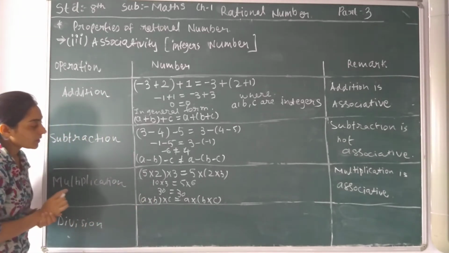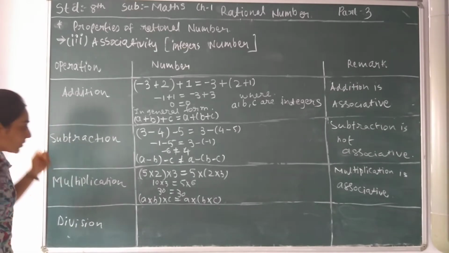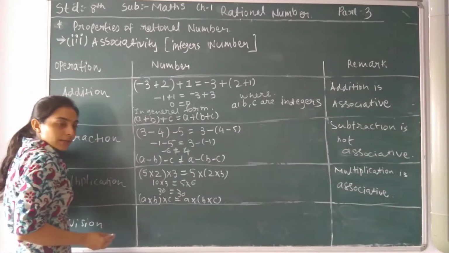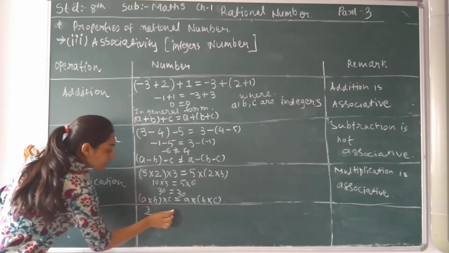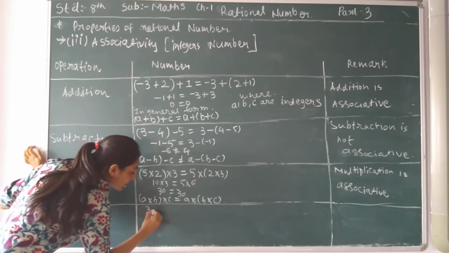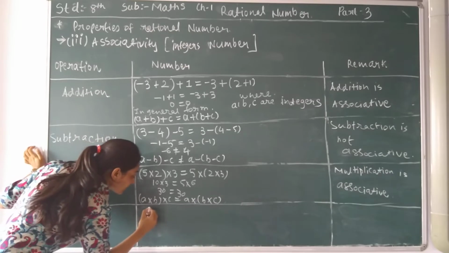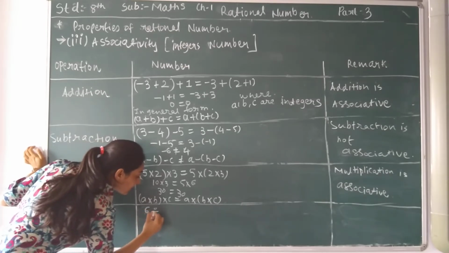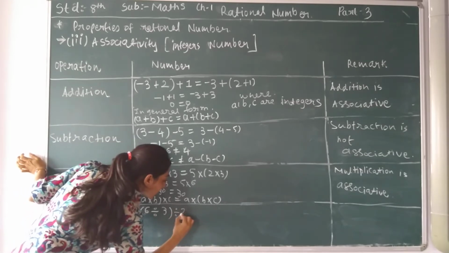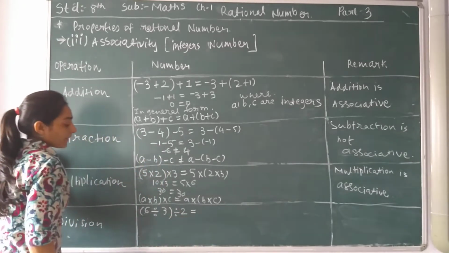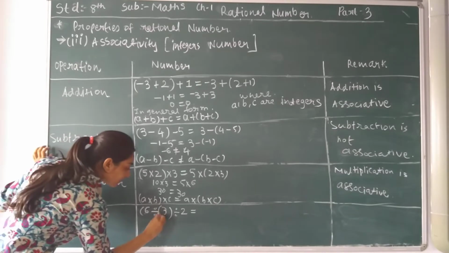Now let's move to the division. Take any three numbers, say I am dividing, say (6 divide by 3) divide by 2. Integers, so you can take minus 3.